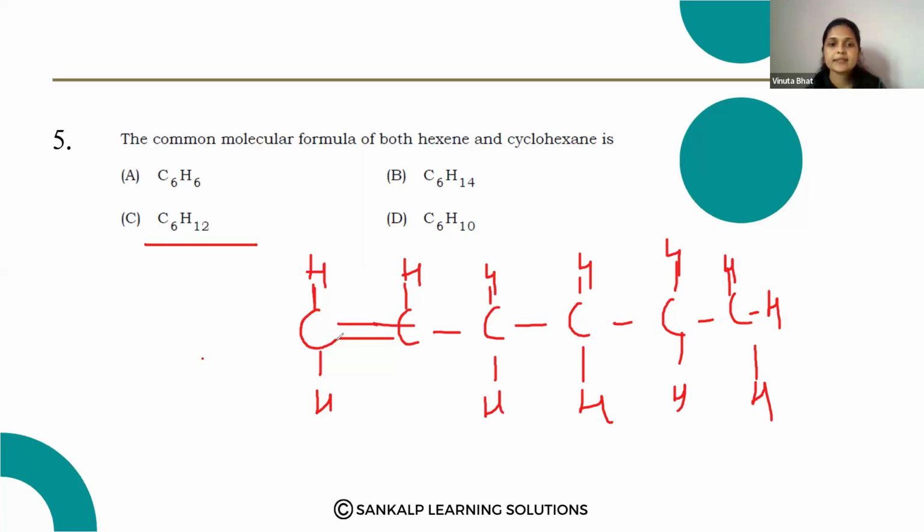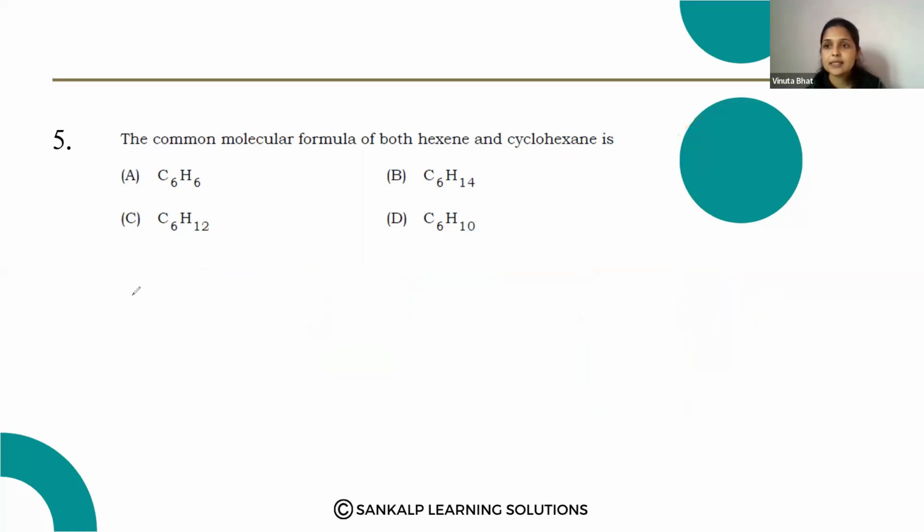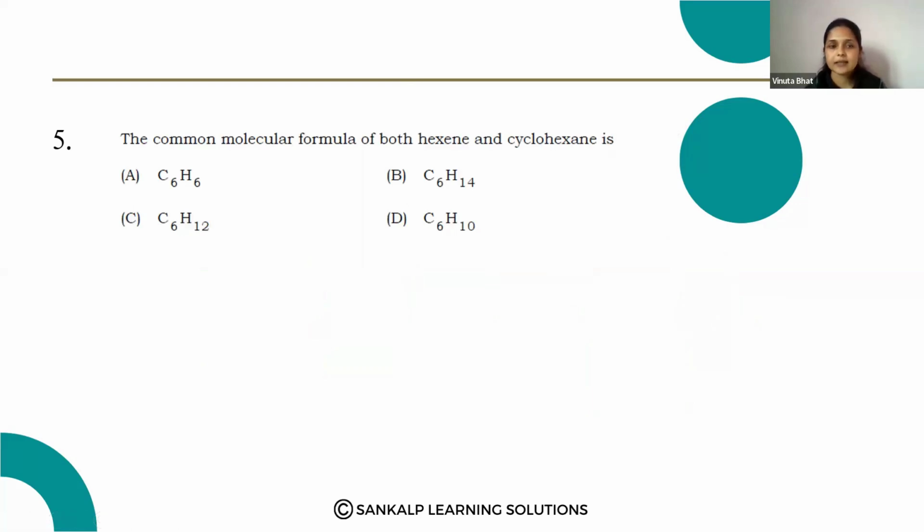So this is hexene, because the double bond is there. And cyclohexane also has the formula C6H12. So the correct option is option C, C6H12, for hexene and cyclohexane. Option C is the correct answer.